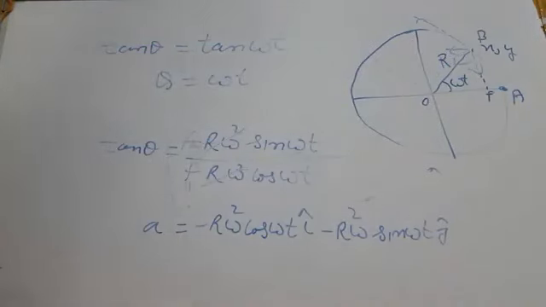Under which condition? If particle is moving in the circular path with constant speed, in that case acceleration will be toward the center of the circle and velocity will be tangent to the circumference. If particle is moving with accelerated motion, that is, it is not moving with constant speed, its speed is changing continuously.